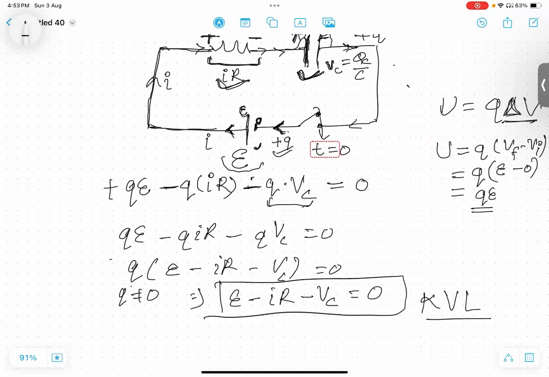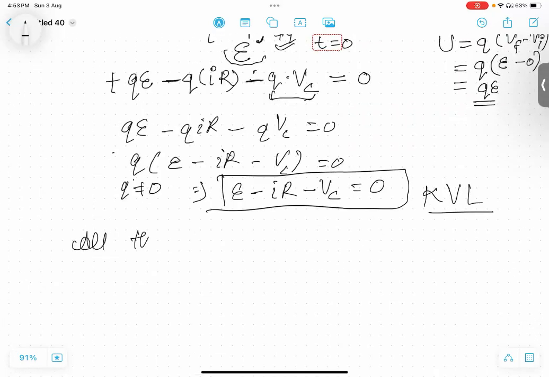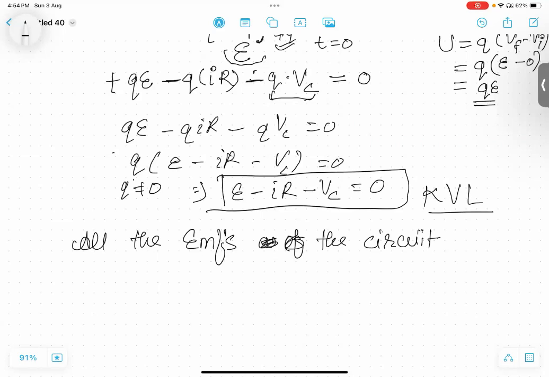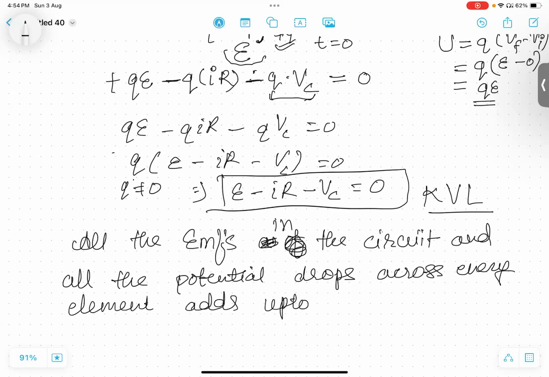So, Kirchhoff's voltage law, in terms of EMF and potential drop, says that all the EMF in the circuit, and all the potential drops across every element, add up to 0.